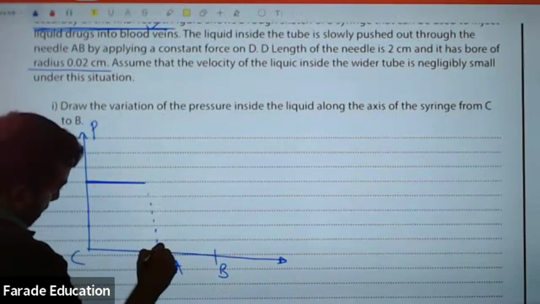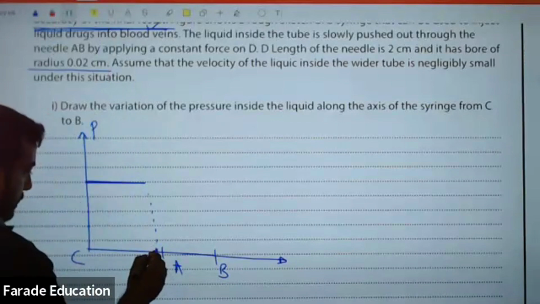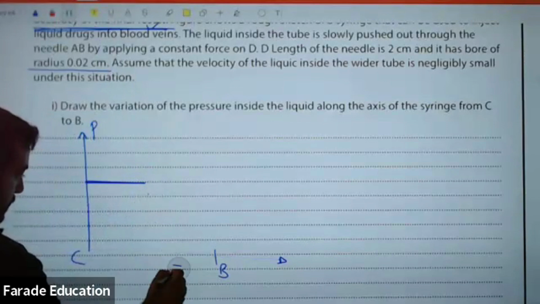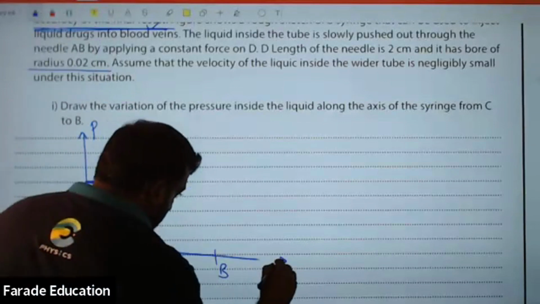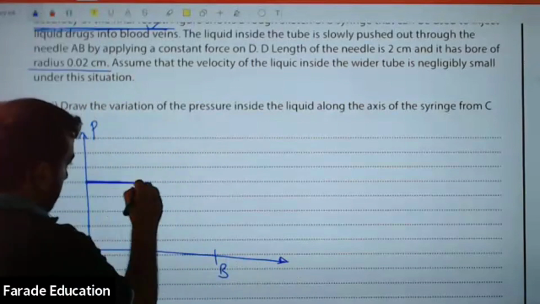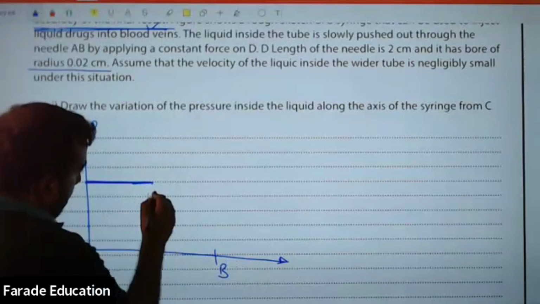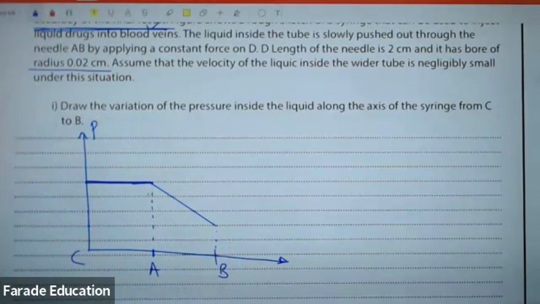A to B, constant pressure gradient. Constant pressure gradient. Right, next one.